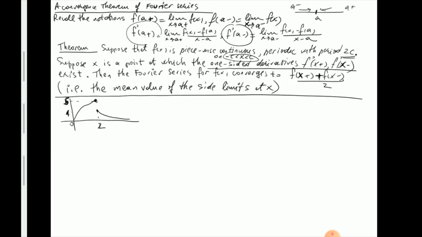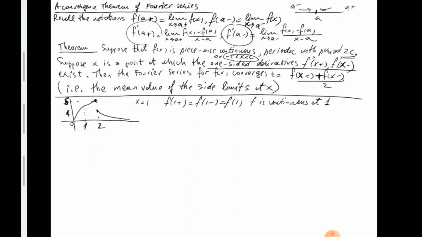So, for example, if I look at x equals 1, there's no distinction between f of 1 plus, f of 1 minus, and f of 1, because f is continuous at 1.